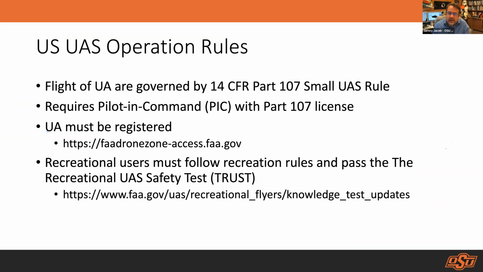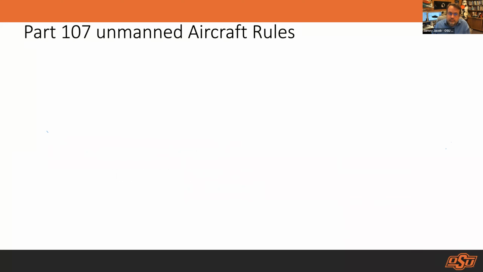Recreational really only counts if you're doing this for fun. Even then, you have to follow and pass a test called the Recreational UAS Safety Test, which is pretty straightforward on the FAA site. And you have to follow the recreation rules, and you still need to register your aircraft.